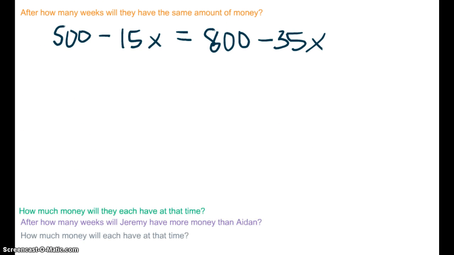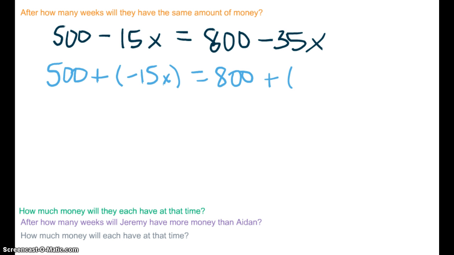So the first thing that I'm going to do is get my variables on one side. So I'm going to add 35x's over here. Oh, you know what? Pause. Before I do that, I'm going to rewrite the equation as addition. So 500 plus negative 15x is 800 plus negative 35x.